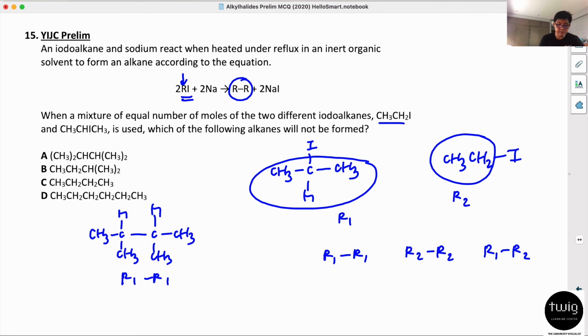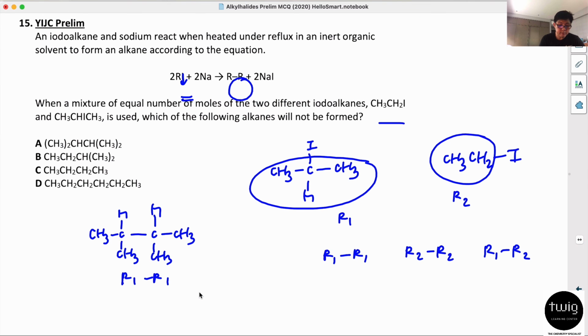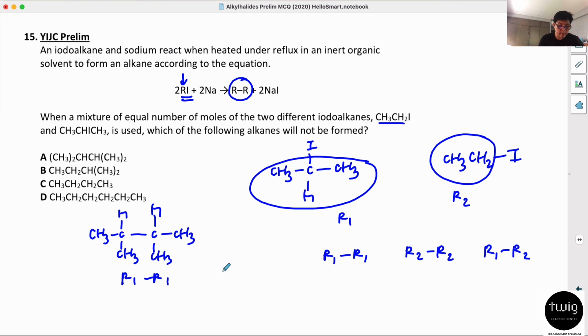Okay, let's look at the next one. I'm going to just draw it out so hopefully you can see. This is CH3, CH2, CH, CH3, CH3. You look at this part, so I'm going to just divide it. If you look at it carefully, this is actually R2, R1. So that's B.